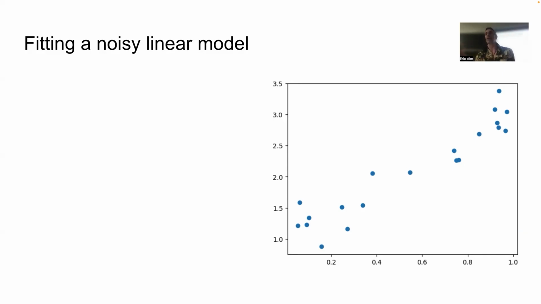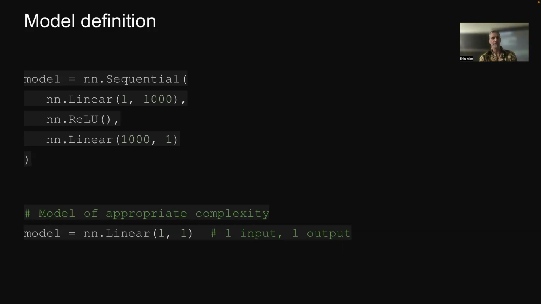I generated points on that line, and then I added a random number. So I made noisy linear data, where my model literally has two parameters, plus a noise term. We'll never fit the noise term, we don't want to fit the noise term, but if I put a gigantic neural net and train it on this, it's going to fit it. It's going to memorize all those data points, but it's not necessarily going to produce anything useful.